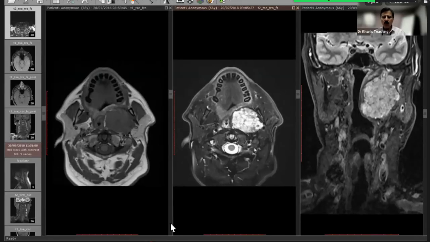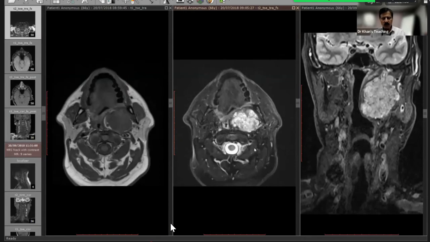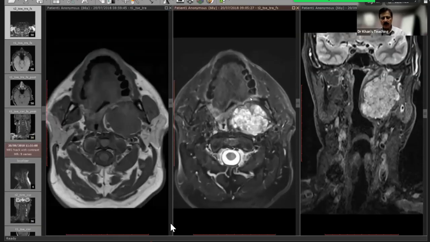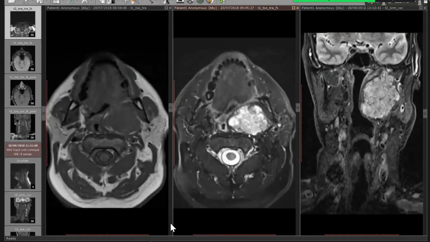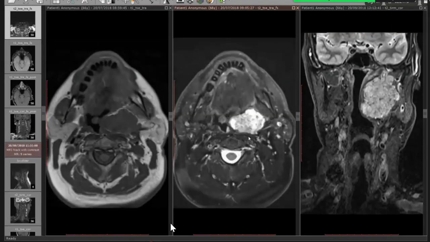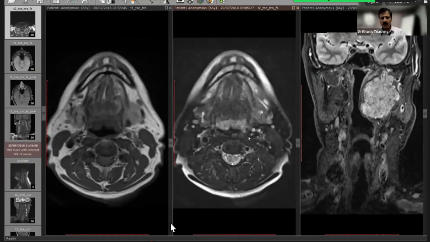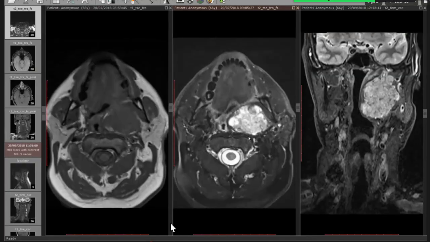Okay, just 1 second. Go to STIR axial and orient yourself. Go to the base of the skull on the STIR. If you scroll through, these two will go together, right? They will scroll. Continue. Up. Continue up.